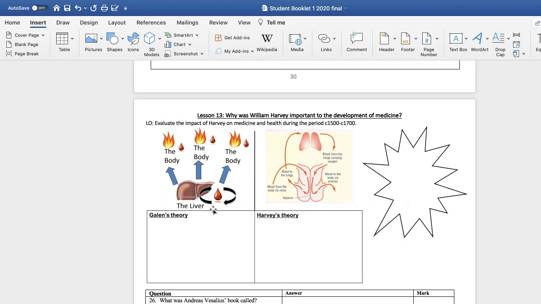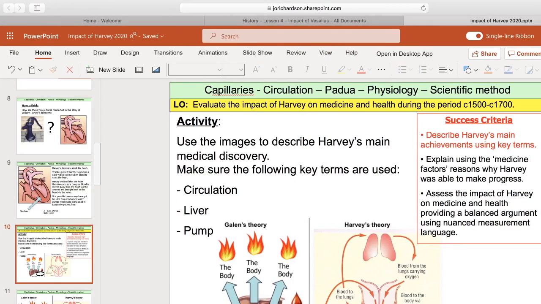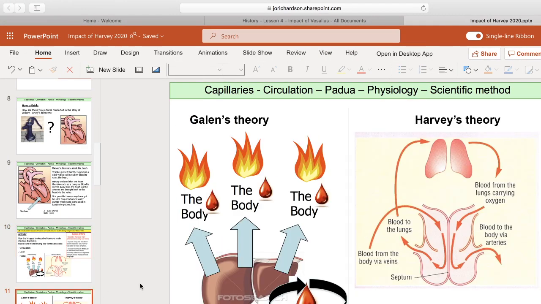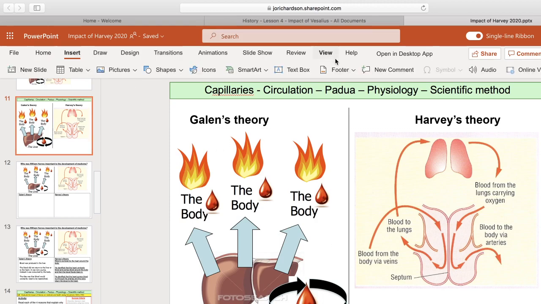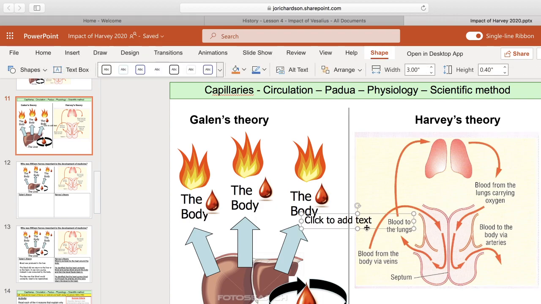Now we believe in something else due to Harvey, which we're going to have in this box over here. And we believe in something called the circularity system. So just write it here.